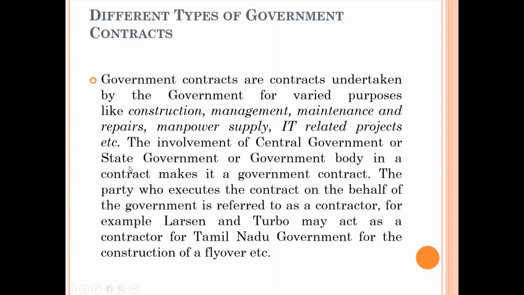This line is important. The involvement of central government or state government or any government body in a contract makes it a government contract. On behalf of the government, a party can execute the contract, and that is referred to as a contractor.